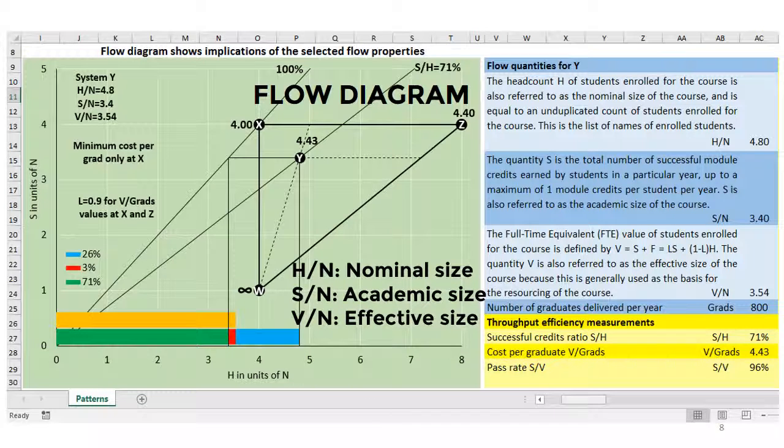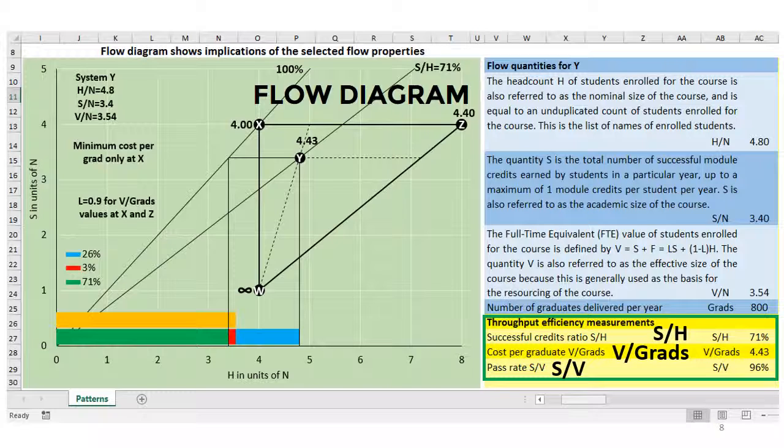H is usually referred to as the nominal size of the study course, S as the academic size of the course reflecting the successful credits accumulated, and V as the effective size of the course, generally used as basis for the resourcing of the study course.